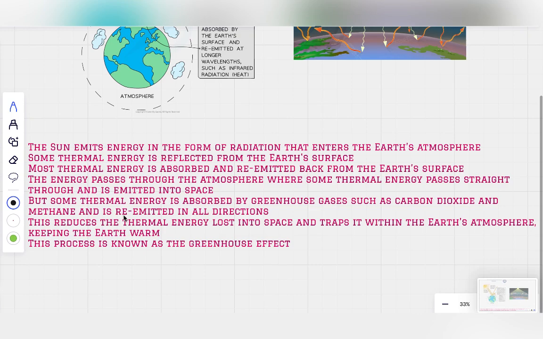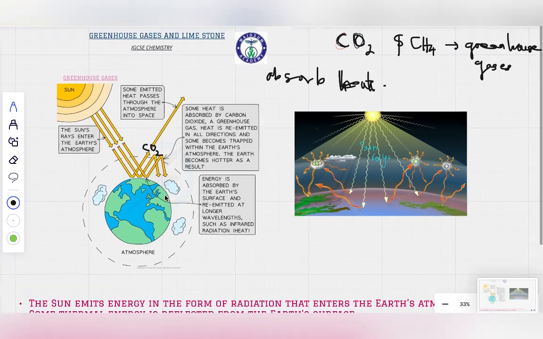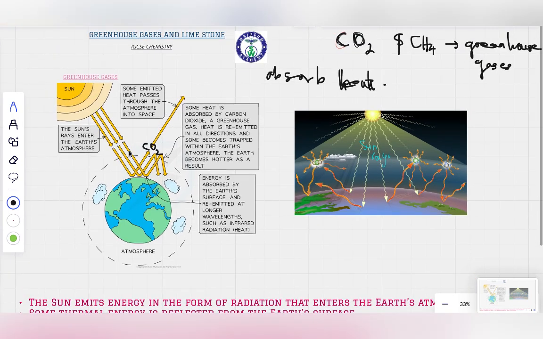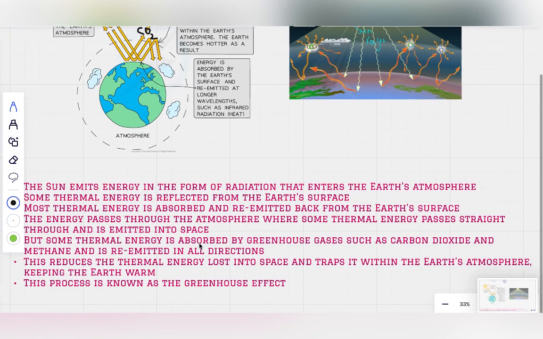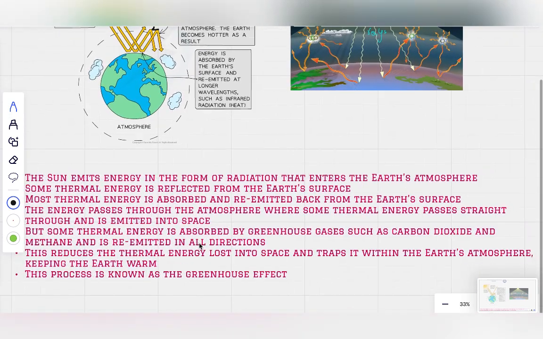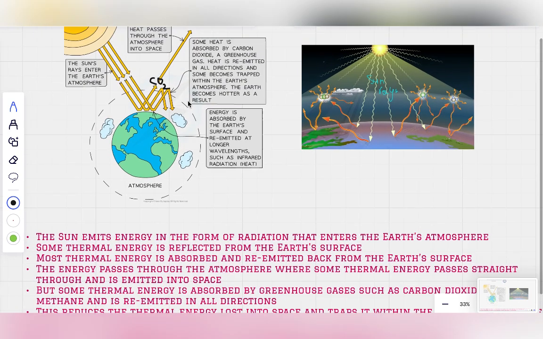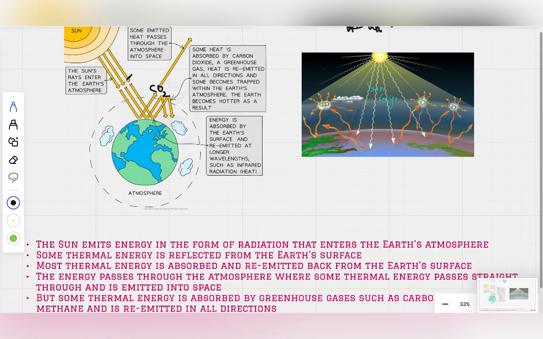We say the sun emits energy in the form of radiation that enters the Earth's atmosphere. So this energy is radiation. The sun emits energy in the form of radiation, and this radiation comes to our Earth's surface, our atmosphere. Some of this thermal energy is reflected from the Earth's surface. Like we have already said, when this heat energy hits the Earth's surface, some of it is reflected.